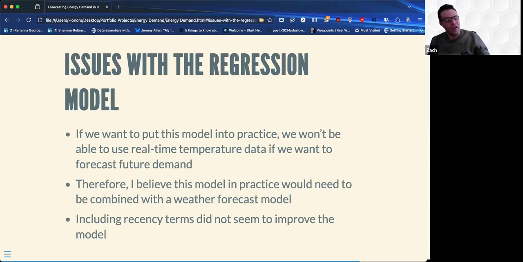And before I get to those, I did want to talk about some practical issues with this regression model. One is that it incorporates real-time temperatures that correspond to the hour of the day we're trying to forecast. And there's an issue with that in that we can train a model on historical temperatures, but we can't really use future temperatures in our regression model.